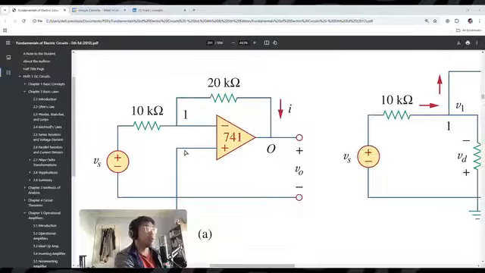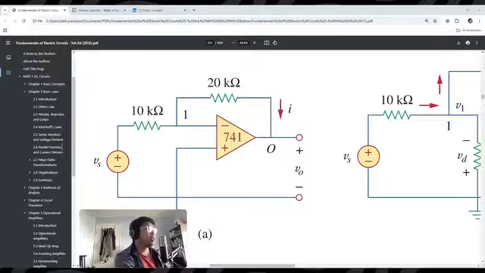And so we have a 10 kilo ohm here and a 20 kilo ohm here. And what I can do is a dot transient for 10 milliseconds. This voltage source is going to be sending in 10 millivolts at a frequency of 1 kilohertz. That's 1,000 cycles per second. We're going to run the simulation and measure the input voltage.